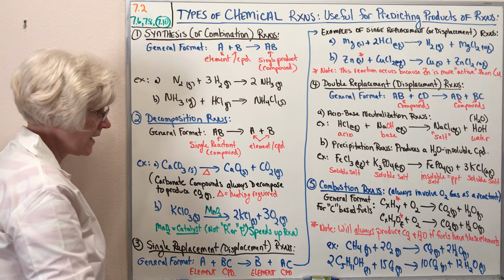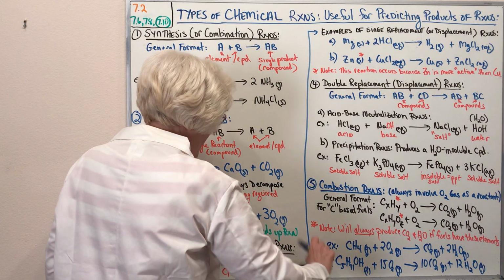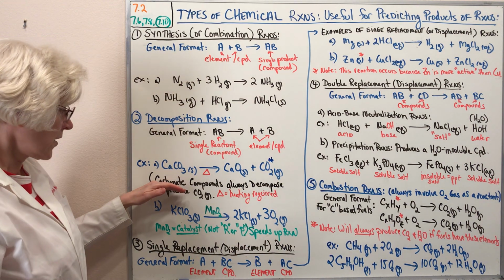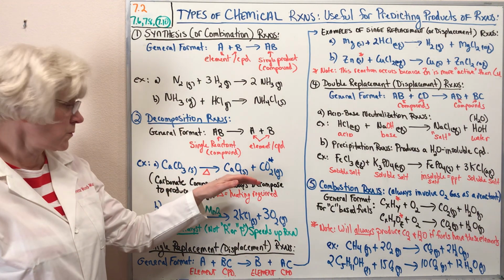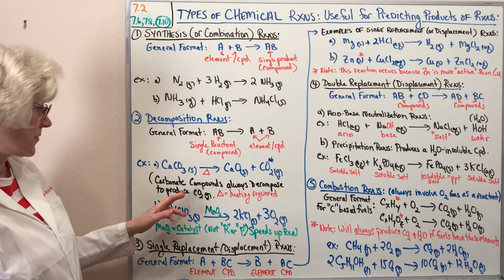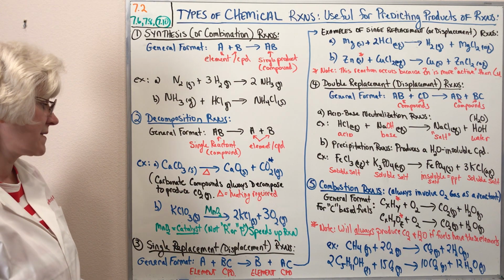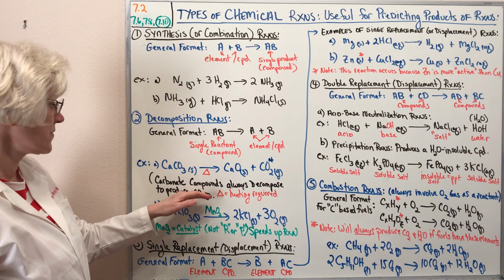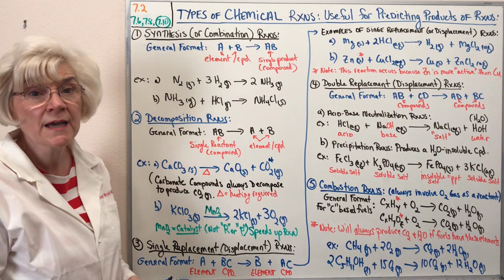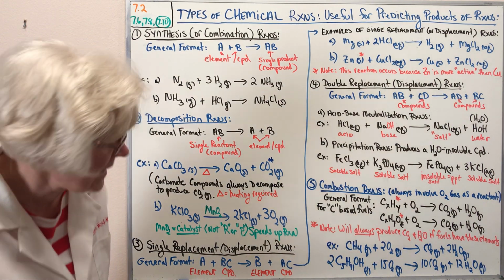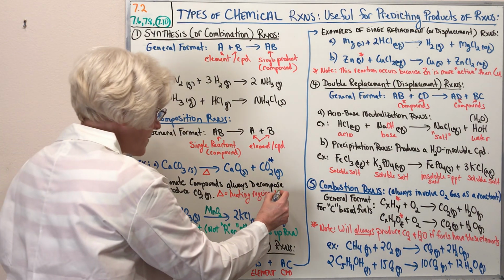And just making a little note here about the carbon dioxide gas: carbonate compounds will always decompose to produce carbon dioxide gas. You always get CO2 gas produced whenever you do a decomposition of a carbonate compound. So that idea is important to remember.